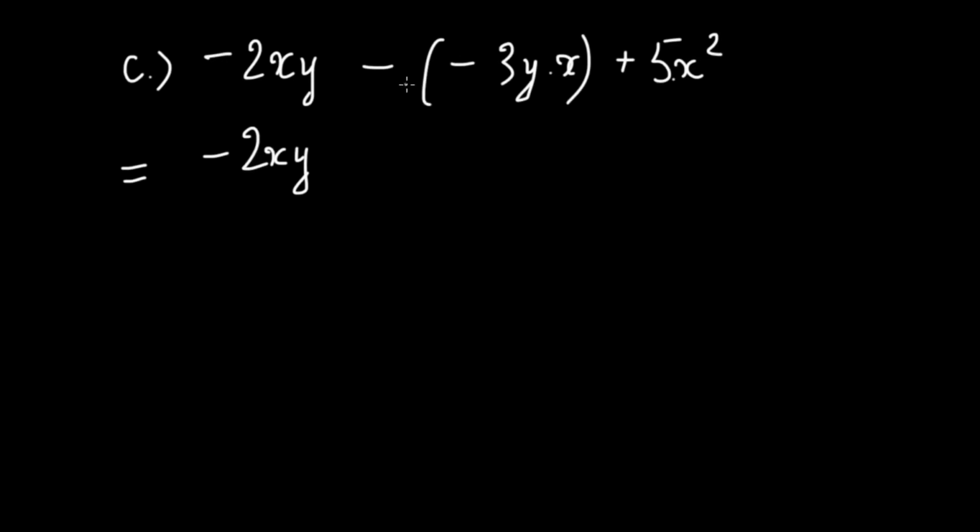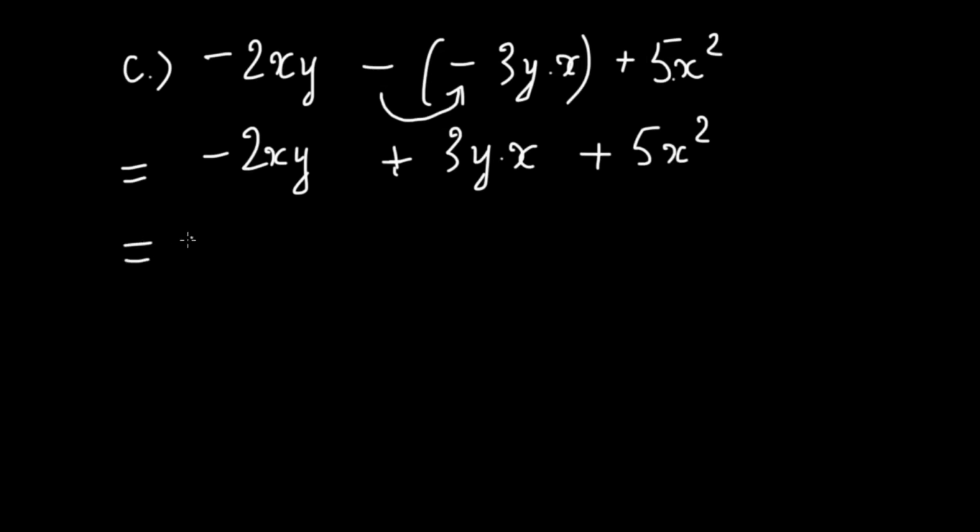And you see that we get a negative of negative. Negative of negative, you get positive. And you put 3yx down, plus 5x squared.